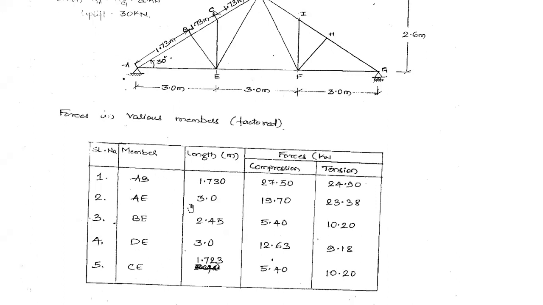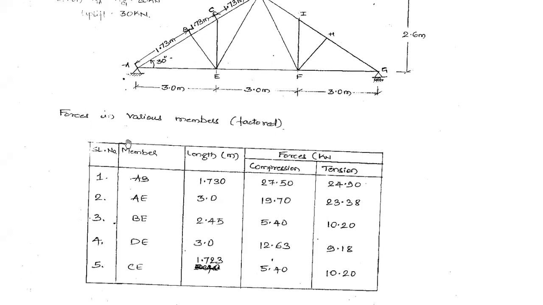Along with the member length, what is given here is the forces that the member is subjected to. Say the first one, the member AB along the principal rafter, is subjected to a force of 27.5 kilonewton under compression and 24.9 kilonewton under tension.